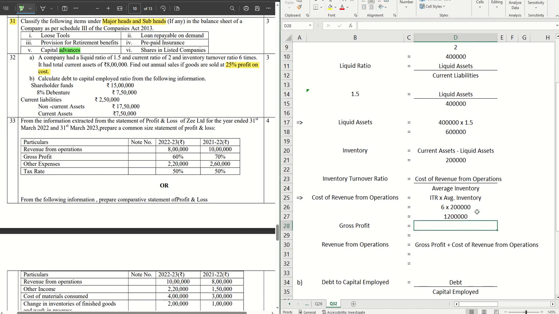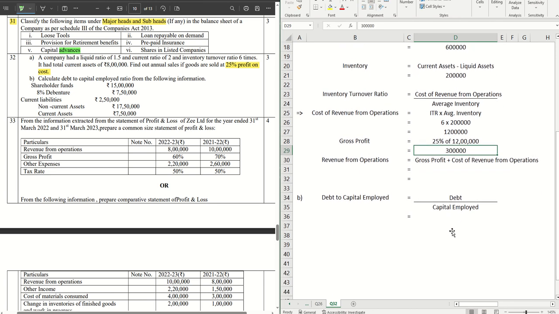Now coming to gross profit, which is 25% on cost. So that will be 25% of 12 lakhs, which comes to 3 lakh rupees. Now we have the gross profit.